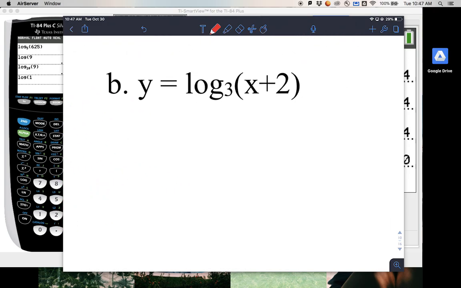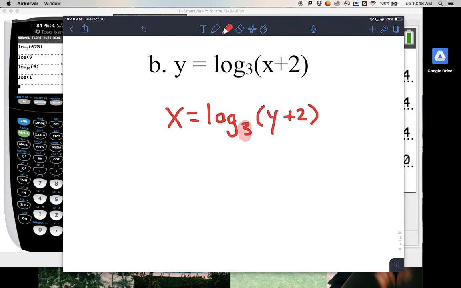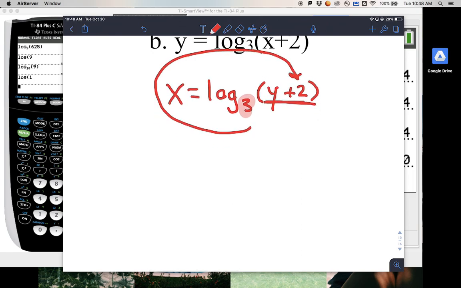Sometimes they might give you a little bit more action. So like this one here, we'll say x equals log base 3 of y plus 2. Then we switch forms. I'm going to take 3 and do 3 raised to x equals all of this stuff. This y plus 2 is kind of like a package deal since it's got parentheses. So 3 raised to x equals y plus 2.